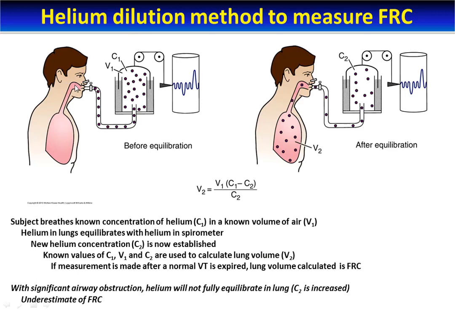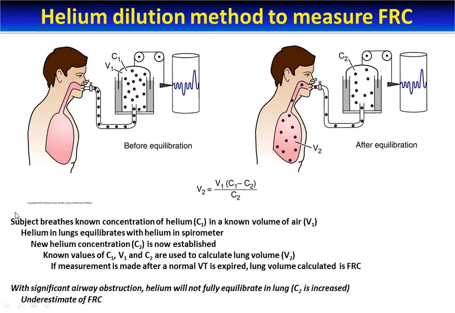Now we ask this subject to breathe out quietly. At the end of normal resting eupneic expiration at sea level, the amount of air inside the two lungs is equivalent to the functional residual capacity, as we mentioned in the previous slides.